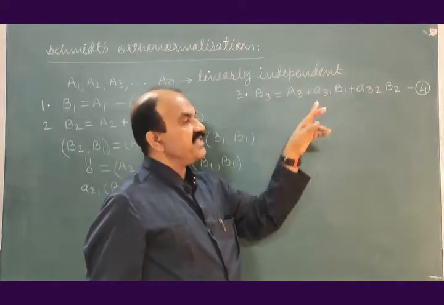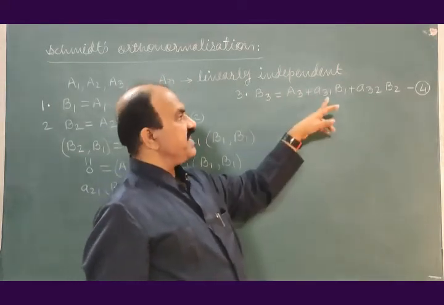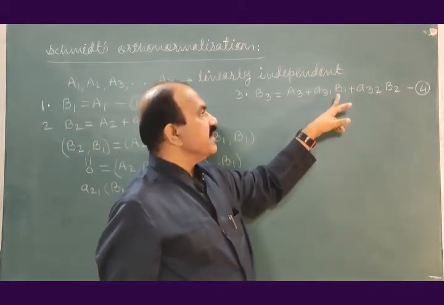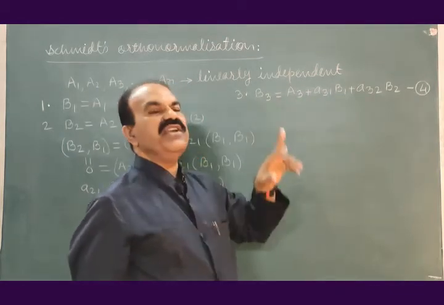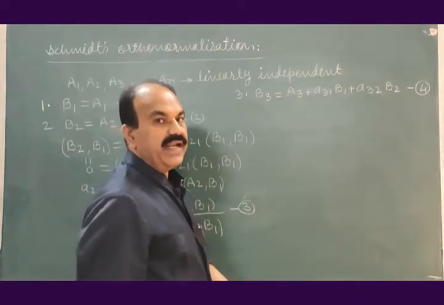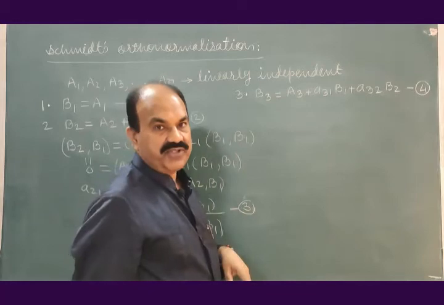Let me first find this a31. To find this a31, what property am I going to use? b1 and b3 are orthogonal to each other and therefore their inner product should be 0.